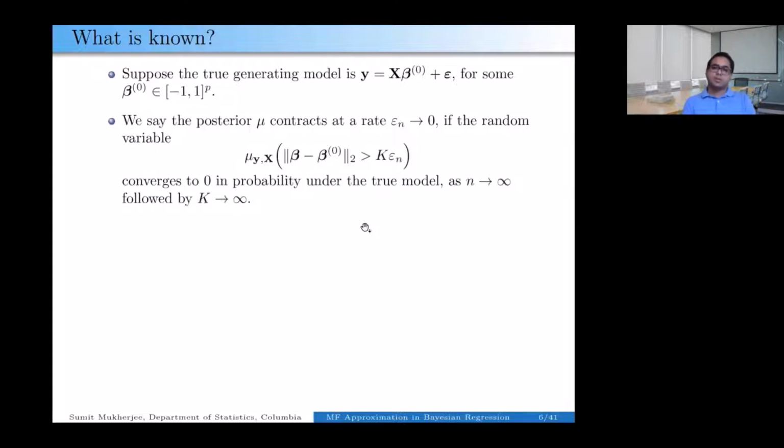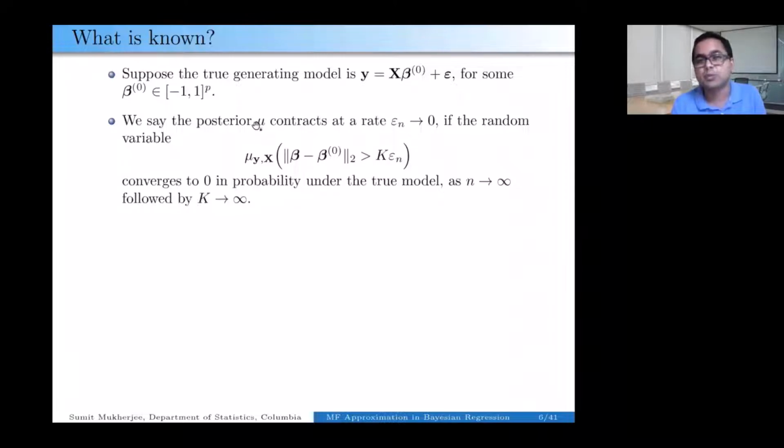To explain what is known, we need to introduce one definition, which will not be important in the later part of the talk, but is important to explain what type of things people have looked at. One of the things people have looked at is the rate at which the posterior contracts. Informally, again, there are multiple definitions of this, but I'm just going to take one.